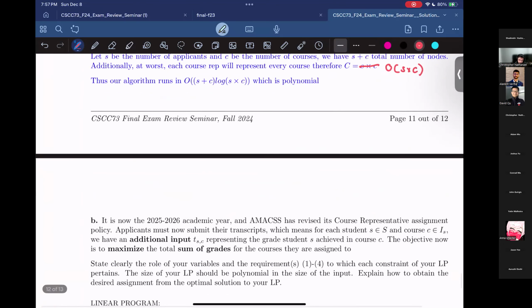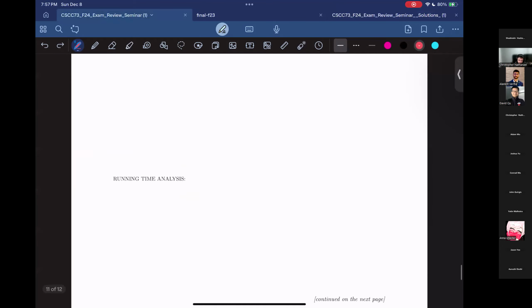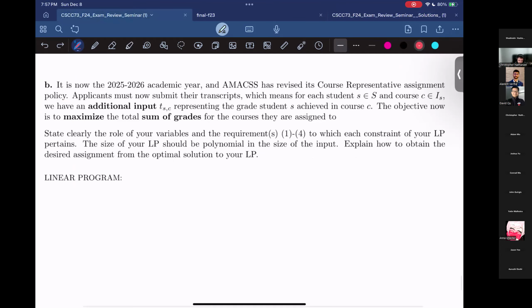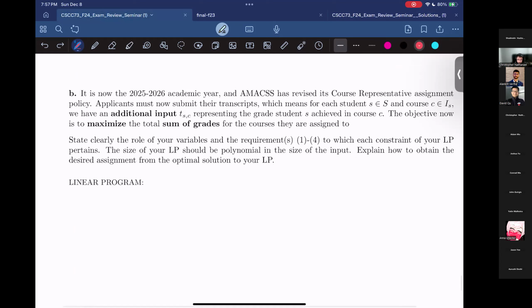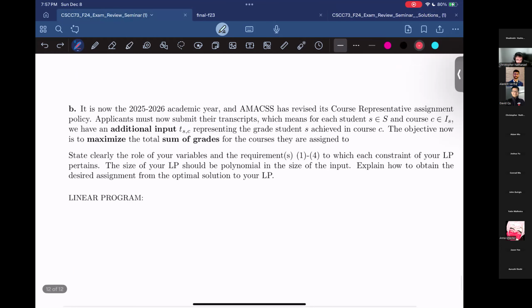Okay. Last question for the day. Sorry. It is now the 2025-2026 academic year, and AMACSS has revised its course rep assignment policy.